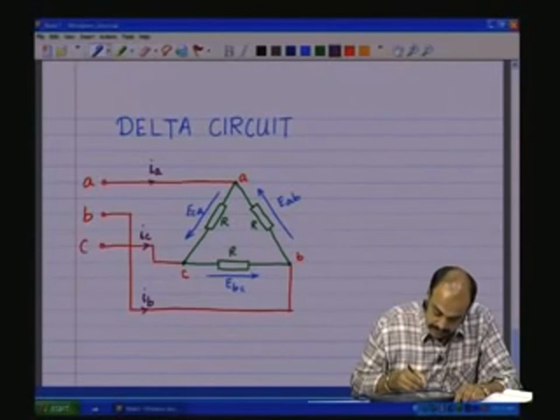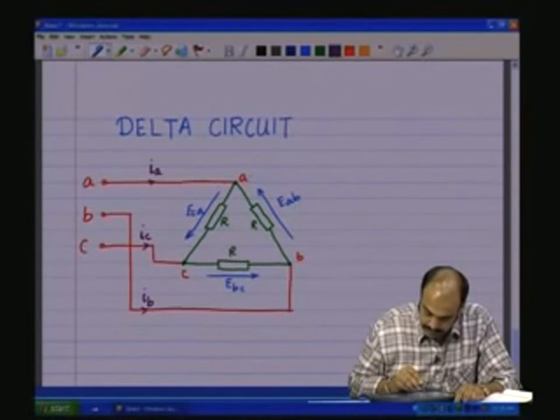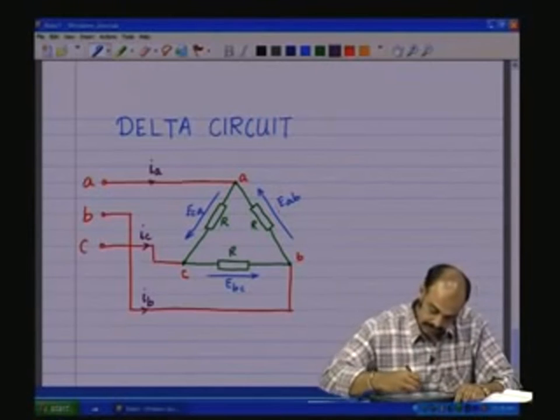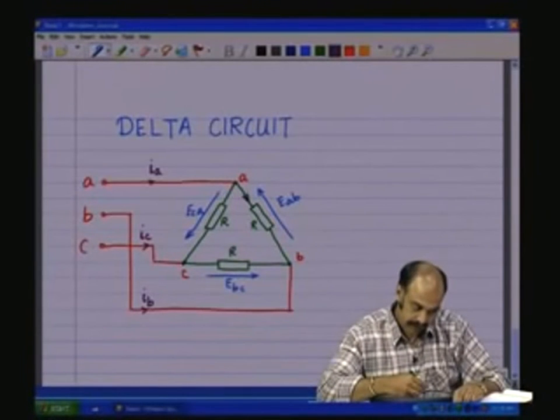And let us say that there is a line current A to B in this direction.